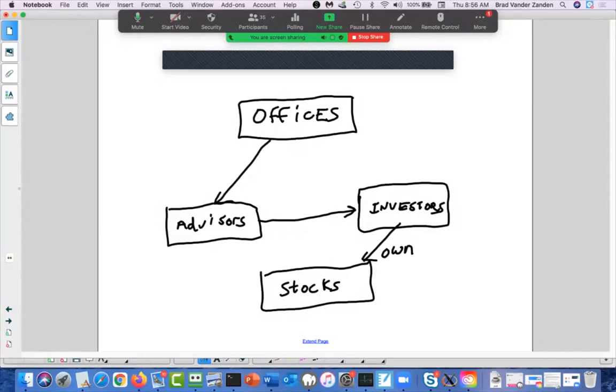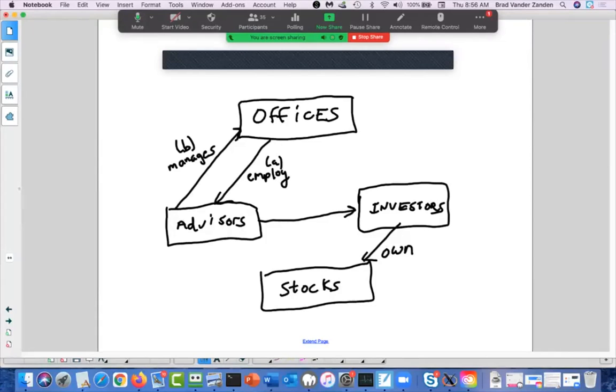And we know that also from B that an advisor manages an office. So this comes from B. Offices employ advisors.